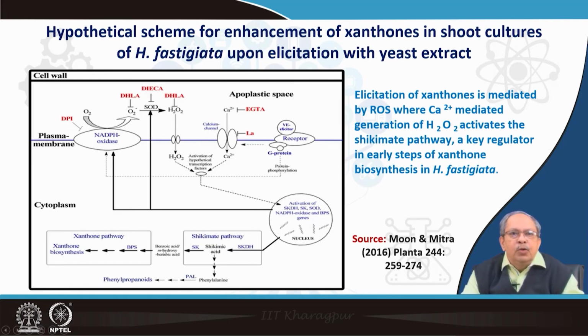And when more xanthones are produced, it was also found that it limits the phenylpropanoid pathway flow. That means, at some later stages we will see that the PAL, which moves the pathway in this direction, got suppressed, and instead this pathway got activated. That was indeed very interesting.